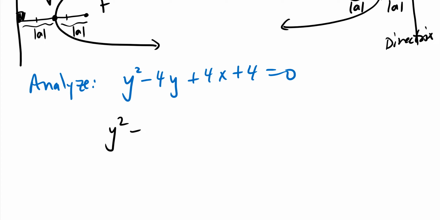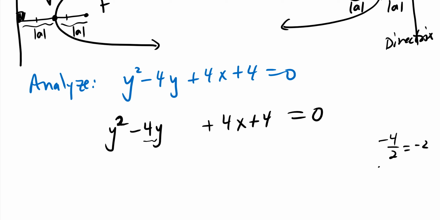So we keep the y's here as is, the x's as is for now, equals 0. We need to complete the square on the y, because that's where the square is, not on the x, just the y. You take that number, negative 4, divide it by 2, and get negative 2. Square it, that gives us 4. So we're going to add 4 here and 4 to the other side.